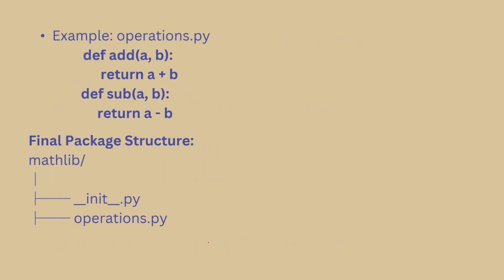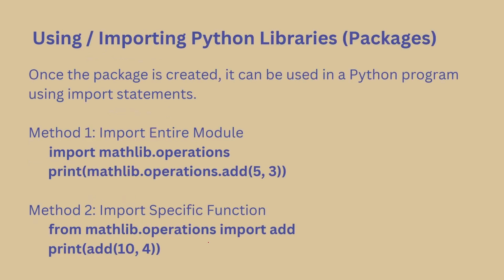Here is an example of the package matlib. Inside this package matlib, we have one __init__.py file and an operations.py file. Inside operations.py, we have defined two functions, add and sub. This is how a Python package looks.